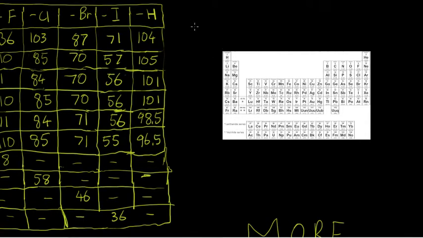So when hydrogen bonds to a halogen, you have this small 1s orbital in hydrogen, and it has to overlap with the outermost p orbital of the halogen.